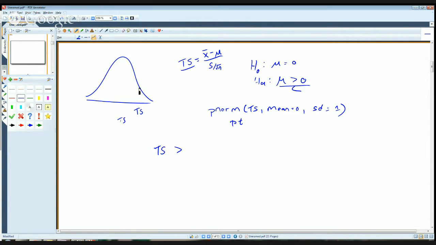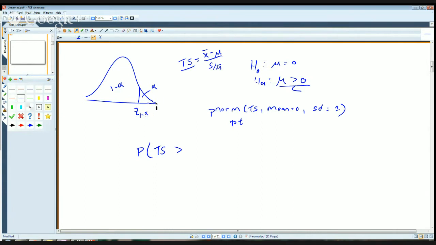So we want to find a region so that the probability under the null hypothesis of the test statistic being larger than it is alpha percent, okay? So if we want to test greater than, let me get rid of my test statistic there. Well, we know that if we calculate this probability here, where this is z 1 minus alpha, that will leave alpha up in that tail there, and that will leave 1 minus alpha in the lower part, okay?